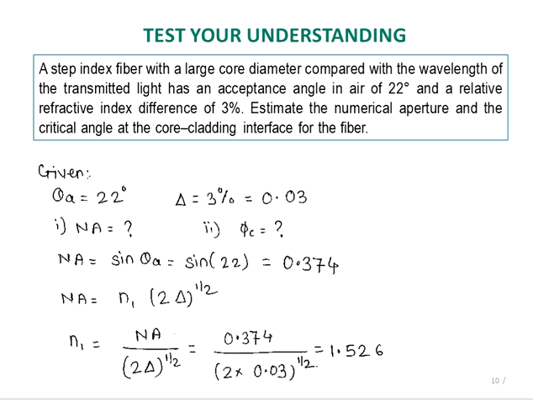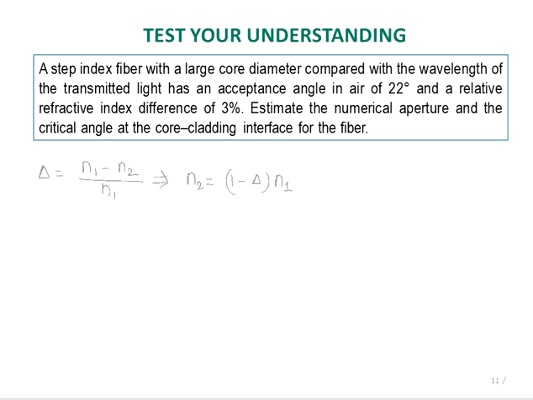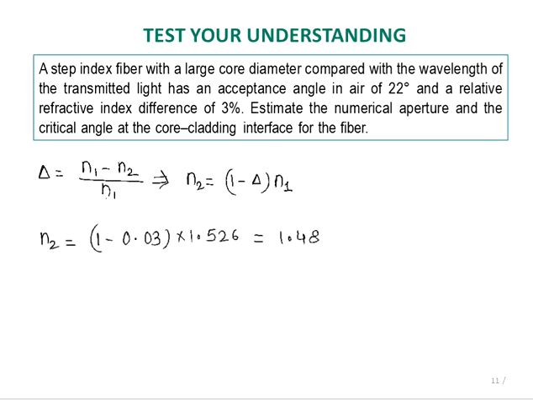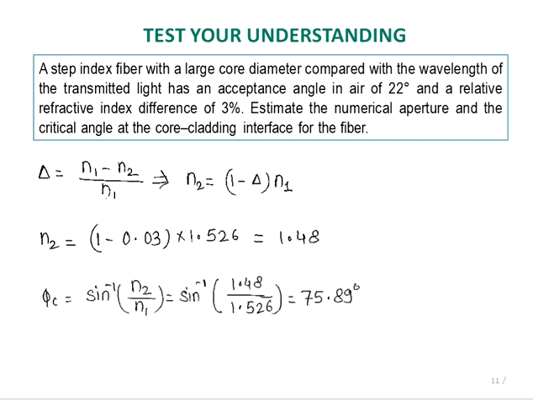From n1 we can find n2 considering the relative refractive index difference delta. So n2 is (1 minus delta) into n1. So we got the value of n2, 1.48. Now since these two values are known, we can easily find phi c, that is sine inverse of n2 by n1. So we got the answer as 75.89.